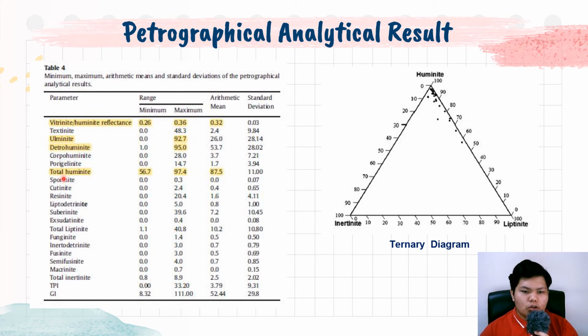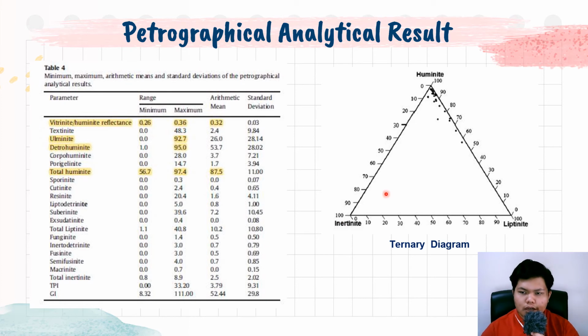The total huminite maceral percentage is 87.5% compared to other main macerals. For example, liptinite is only 10% and inertinite is only 2.5%.